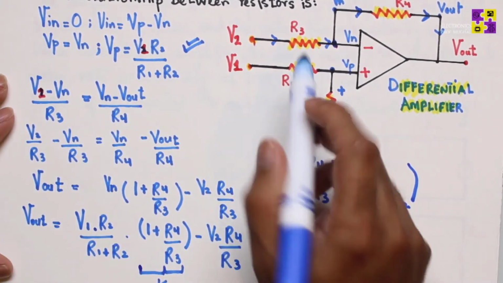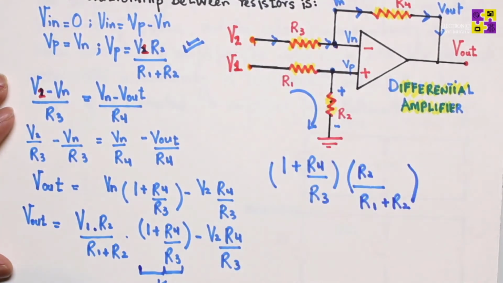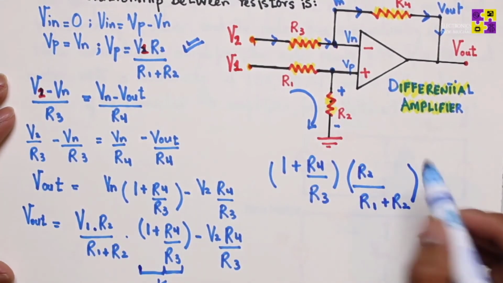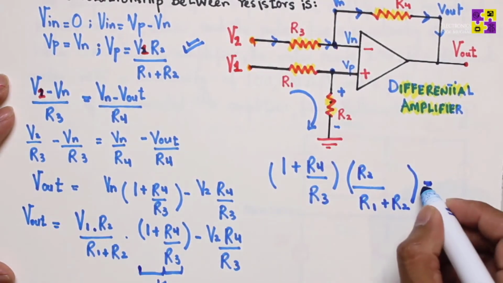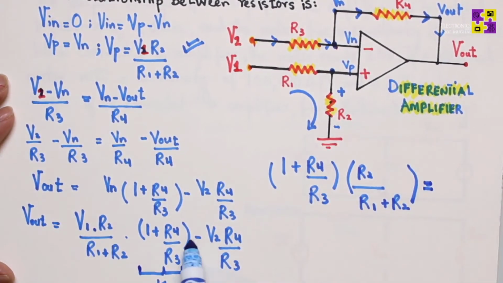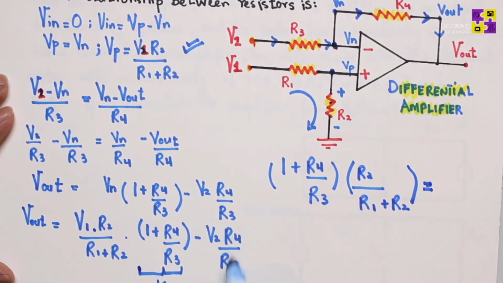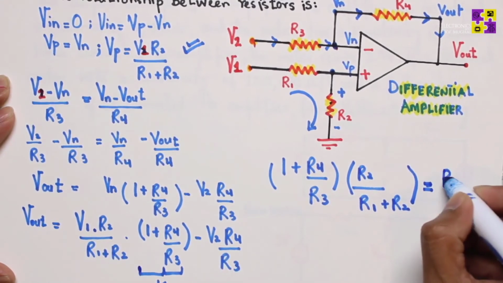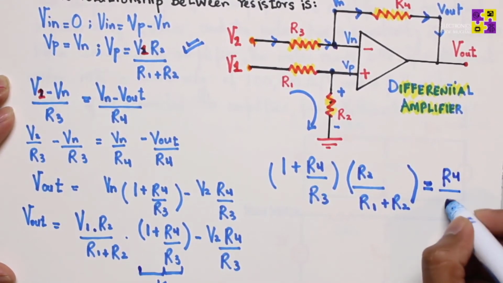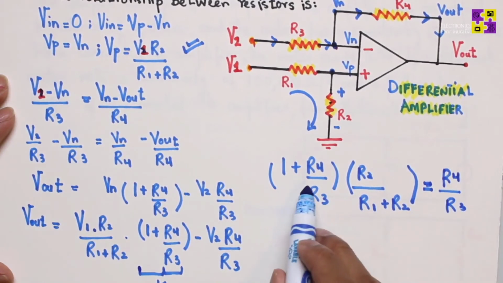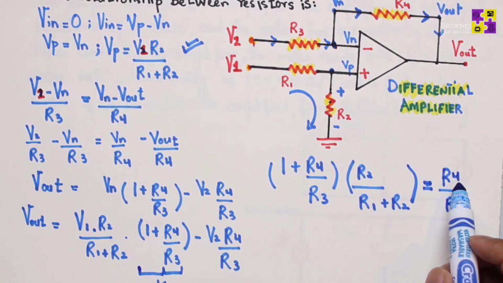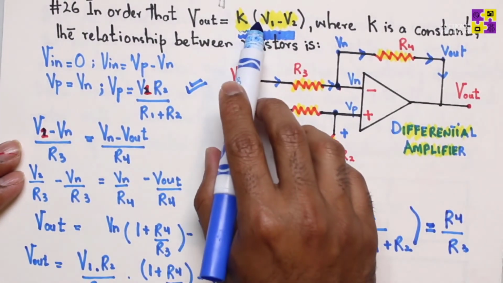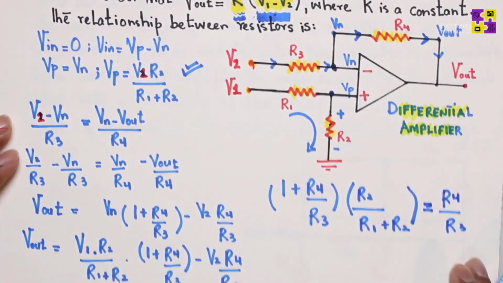And then I have minus here, and if I want to take this to the right-hand side of the equation, this negative will become positive. So I have R4 over R3, R4 over R3. So remember, this is K, this is the coefficient with V1, and this is the coefficient with V2. I just took the coefficients and left V1 and V2 aside.